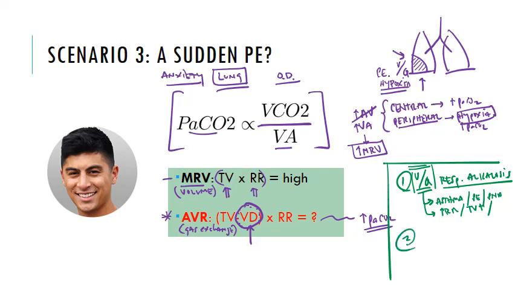Second scenario, which is less common. Again, an acute and perhaps even more severe VQ mismatch, like a massive PE, where a good portion of both lungs, for example, are taken offline. Despite all of the work that the body can put into increasing that respiratory rate and increasing that minute respiratory volume, the dead space is too much and too severe.